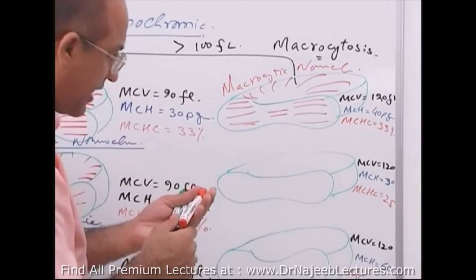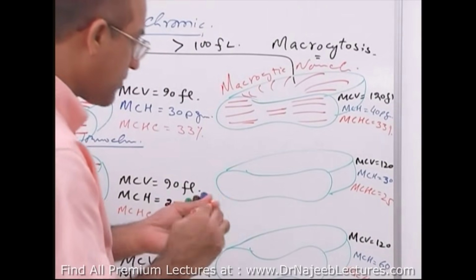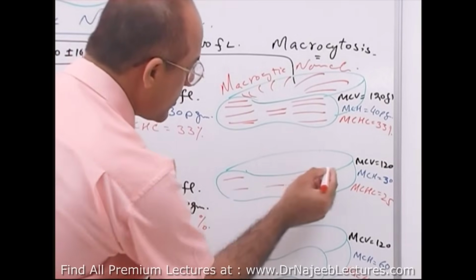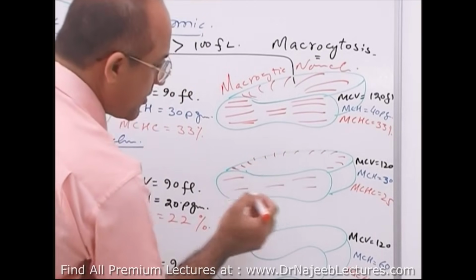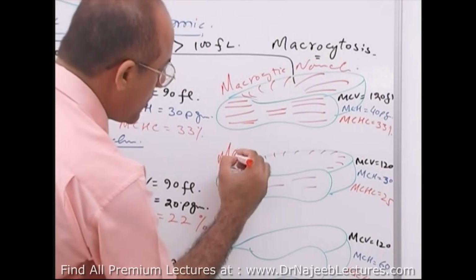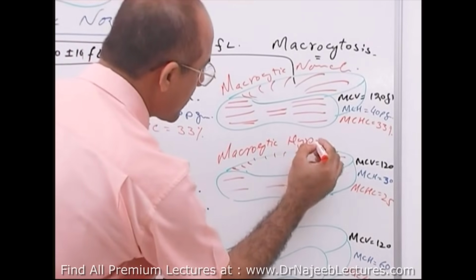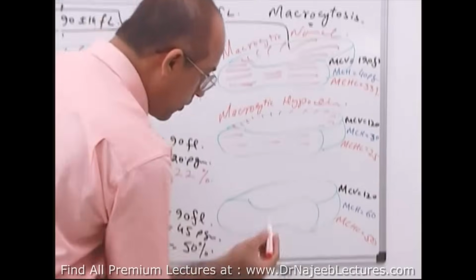This red blood cell is under-hemoglobinized. So what will it be? Macrocytic hypochromic. That's great. And what about this RBC? It is over-hemoglobinized.